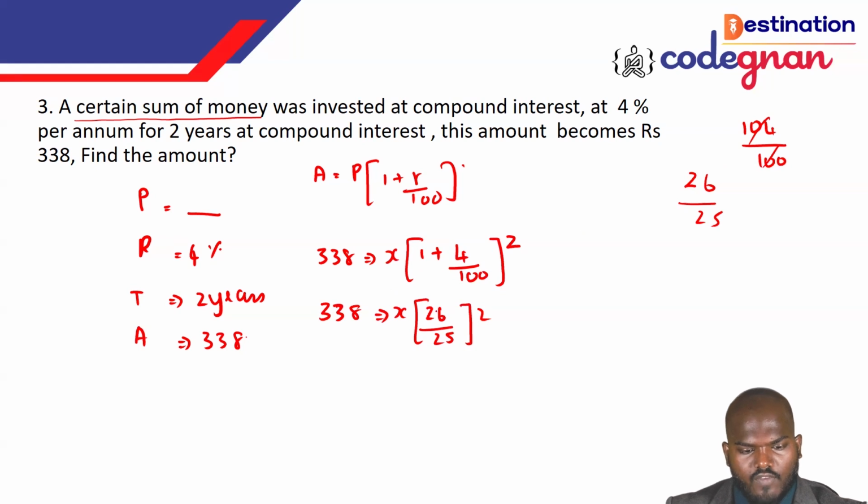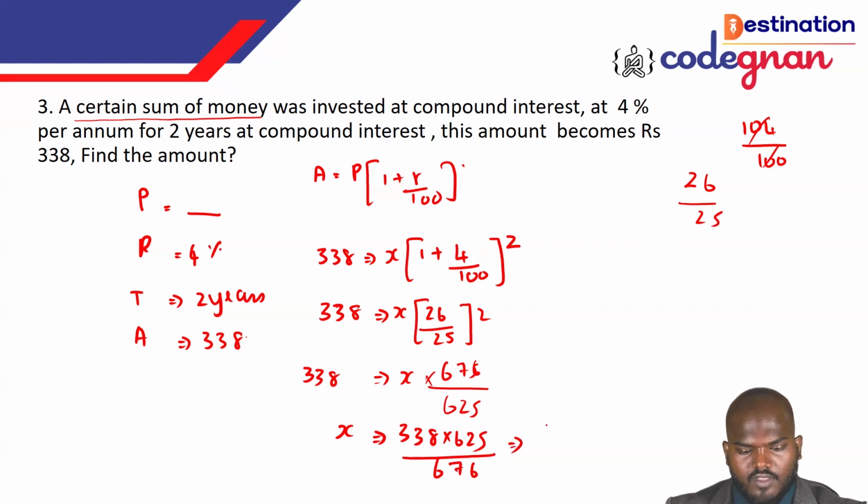If you resolve this, guys, we will get the value. So what is 26 square? Can anyone say that? What is 26 square? 25 square we know is 625, so 26 square we can call 676. And 338 times 625 over 676.